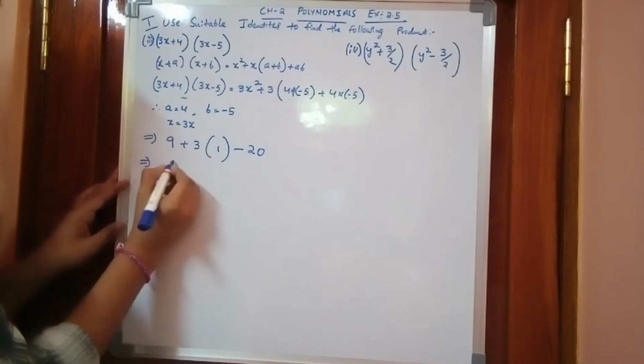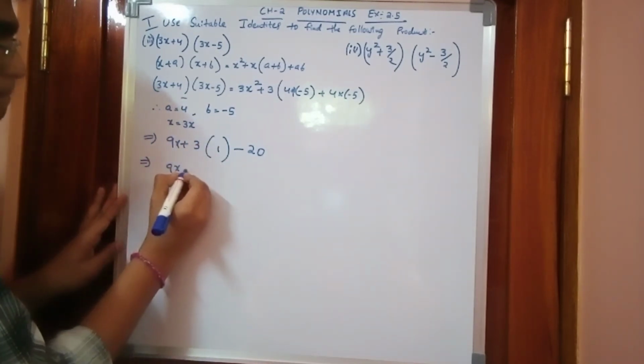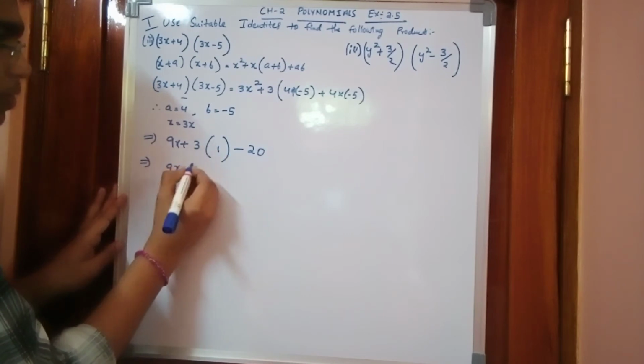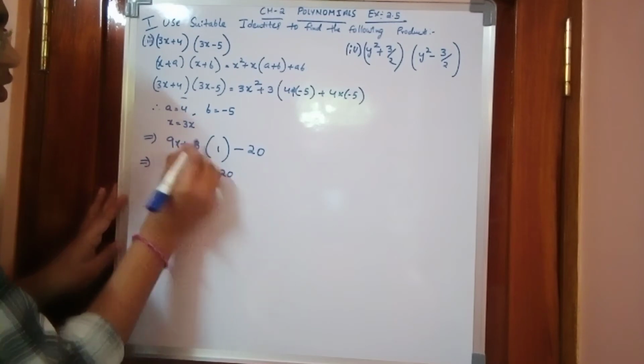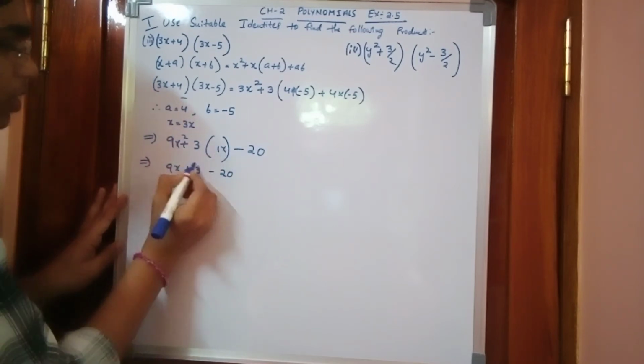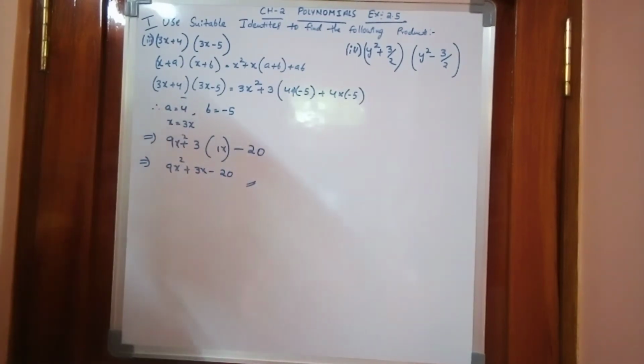So this implies 9x square minus 3x minus 20. This is the answer of the third one.